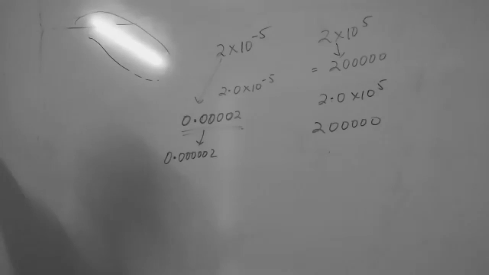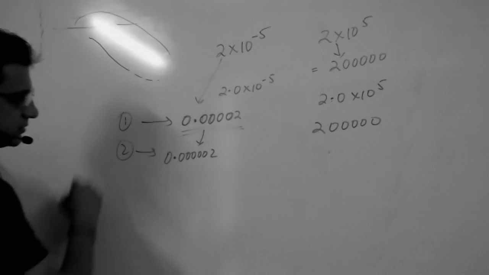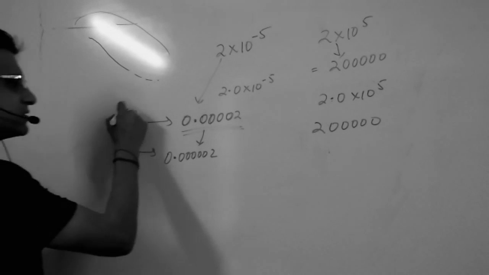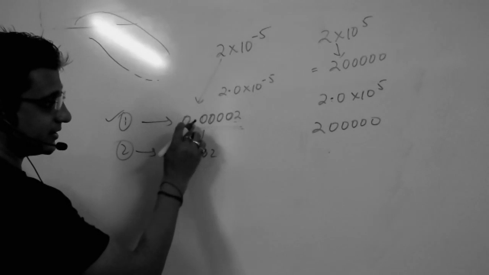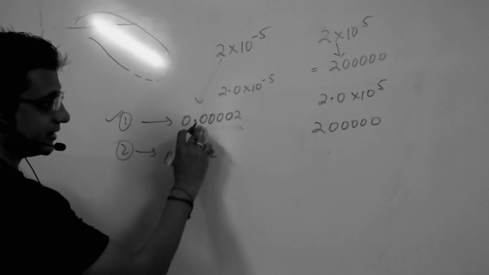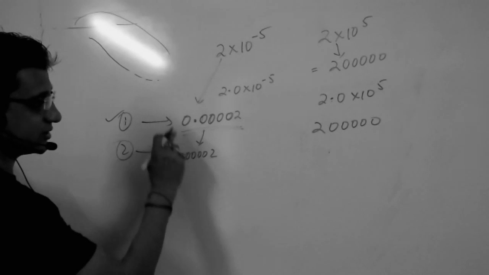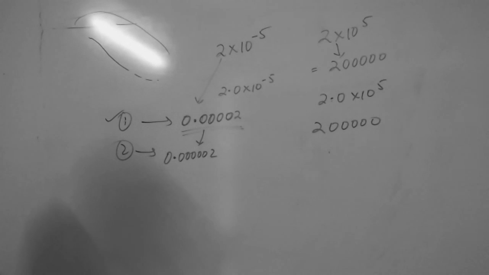Because the decimal here has 1, 2, 3, 4, 5 places, and we have 1, 2, 3, 4, 5, 6. So this one is bigger. So the more the decimal goes left hand side, the number becomes small.